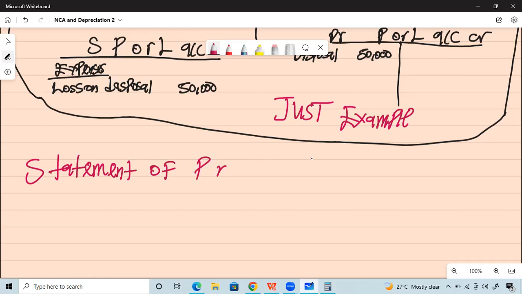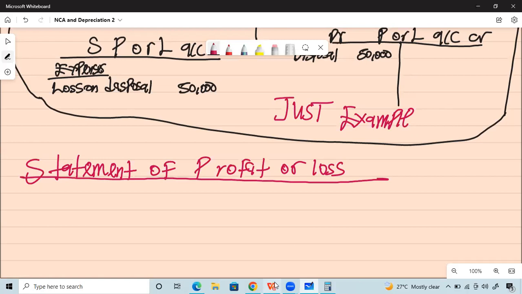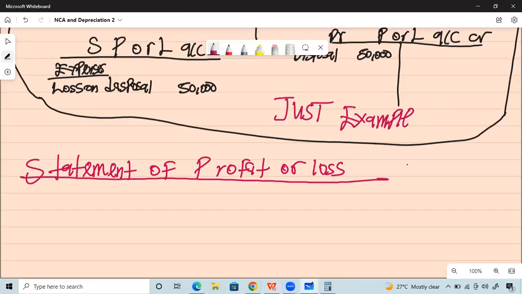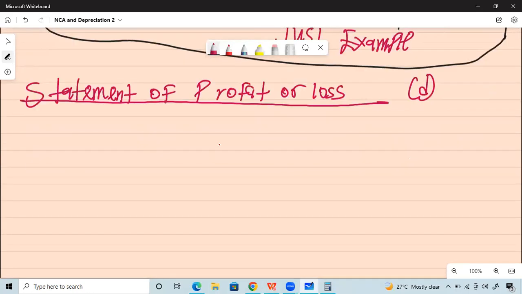Just like we have done that before, right? The statement of profit or loss, that is the requirement D, part of the requirement D. So you say expenses.